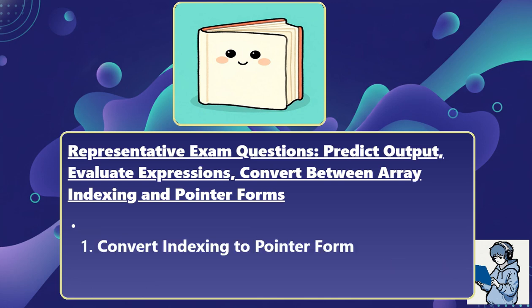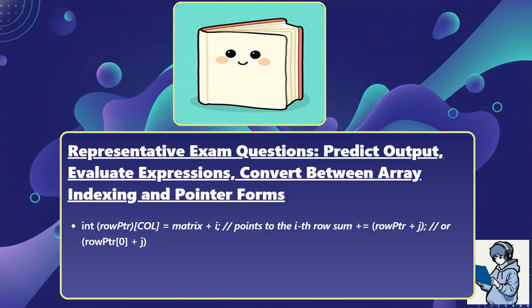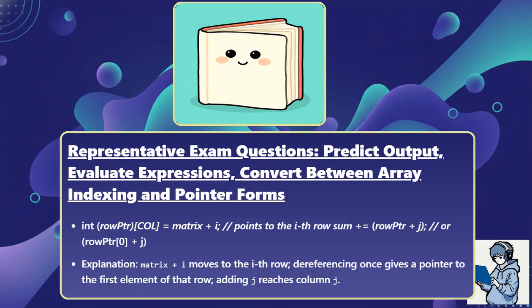3. Convert indexing to pointer form. Original: sum += matrix[i][j]; int (*row_ptr)[COLS] = matrix + i; sum += *(*row_ptr + j); Explanation: matrix + i moves to the ith row.